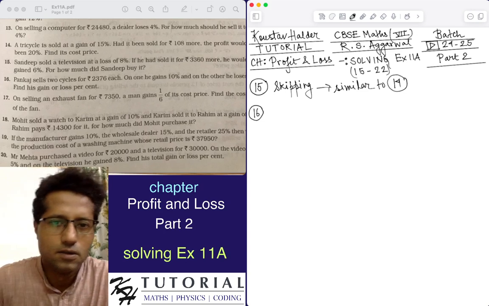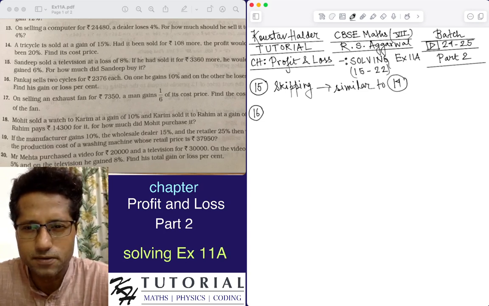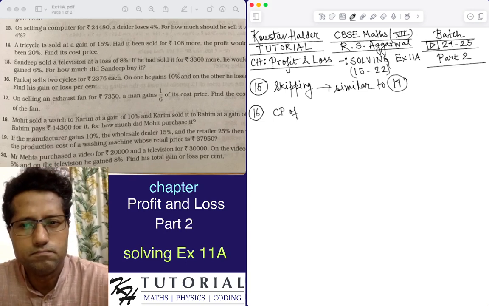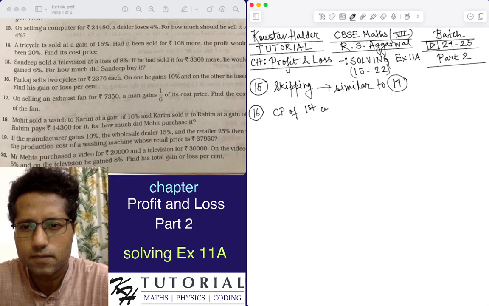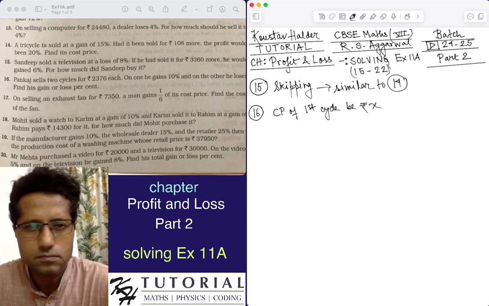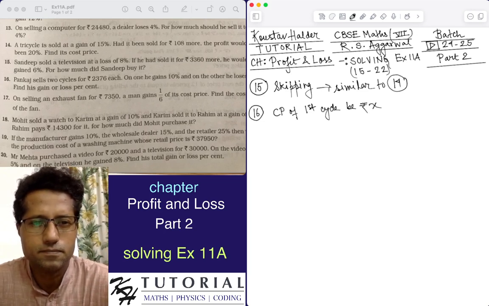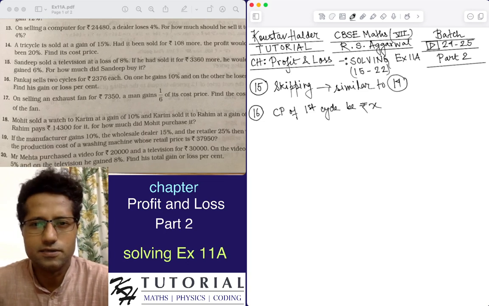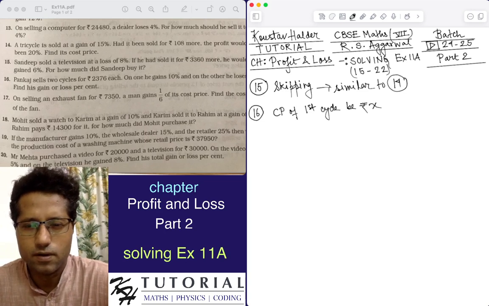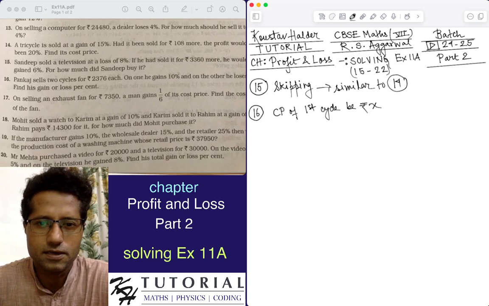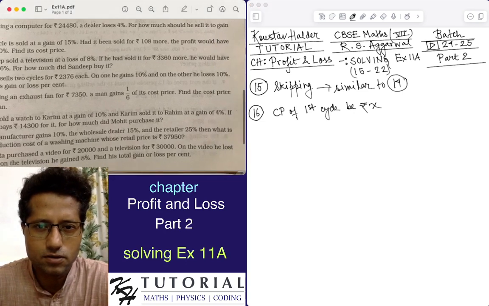It is given that on one he gains 10%. Since each of the cycles is sold at the same price, for one cycle Pankaj has gained 10%, and for the other cycle he has lost 10%.